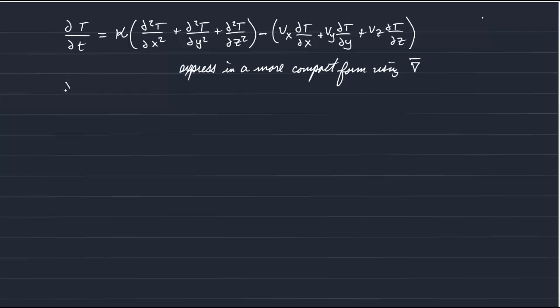Okay, so let's figure out how to do this. The left-hand side is not a spatial derivative, it's a partial time derivative. And then we have kappa, which is going to stay the same. And you might recognize that we have second partial derivatives with respect to each of our three directions. You might recognize that as a Laplacian of t, where t is, again, a scalar field.